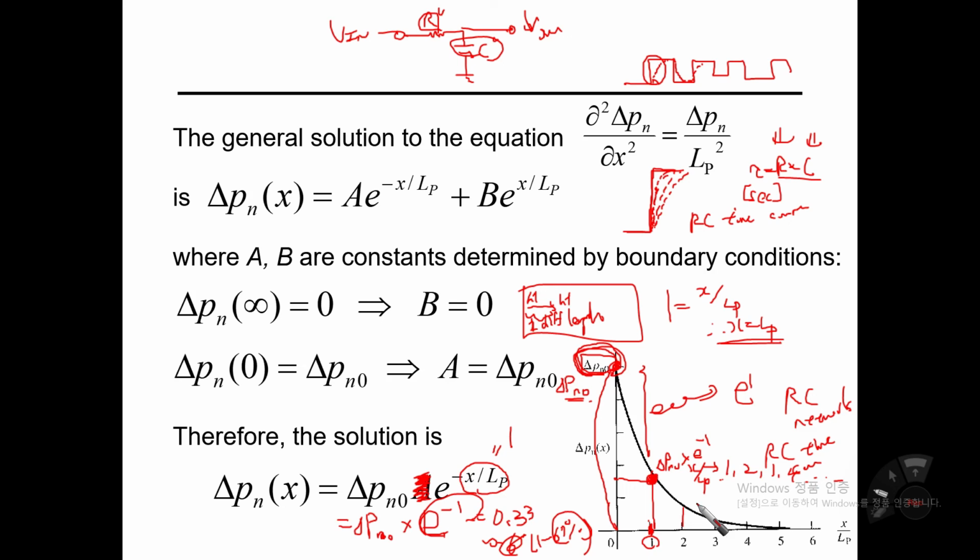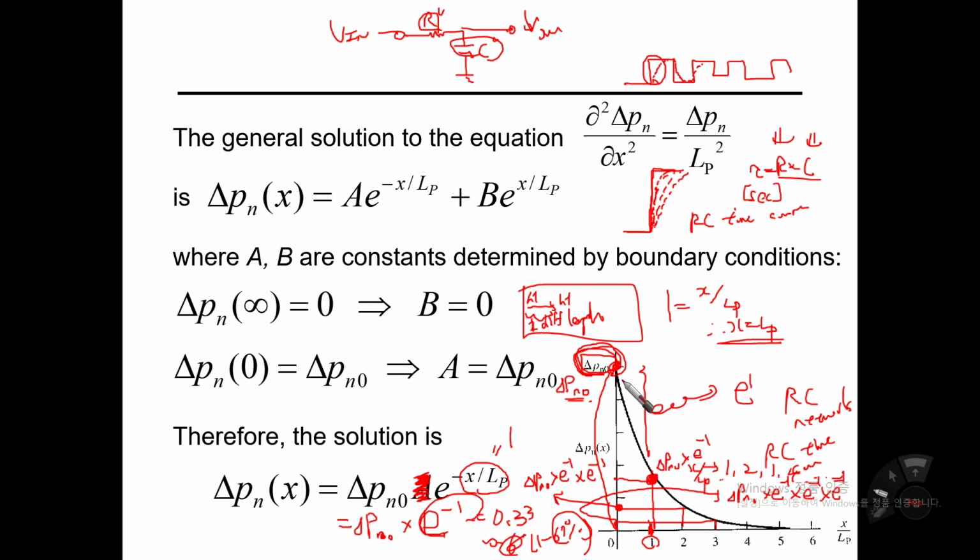Afterwards, when x over Lp is 2, this value is delta p_n0 times exponential minus 1 times exponential minus 1. At this point, let me write down here: delta p_n times exponential minus 1 times exponential minus 1 times exponential minus 1, like that. Okay?